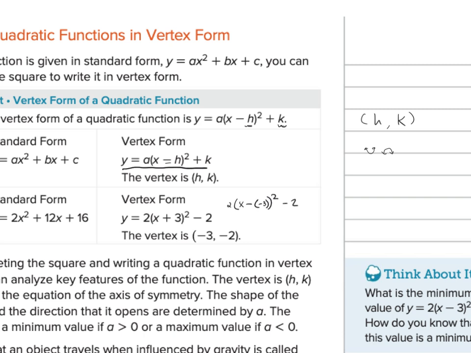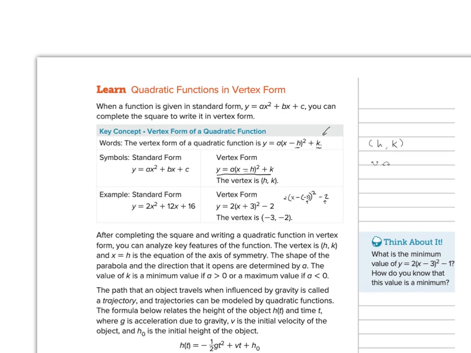Minus 2, and then just being able to say, hey, this is the x value at my vertex, this is the y value at my vertex. So looking at this is where we're going when we talk about completing the square. And again, here's that vertex form that we talked about earlier.